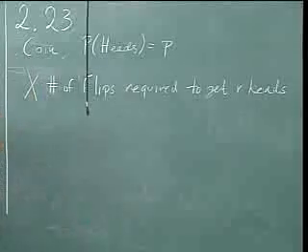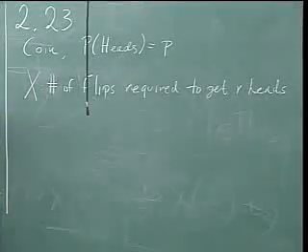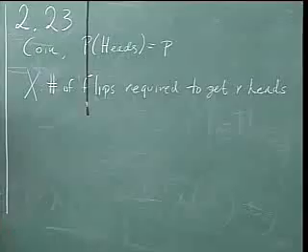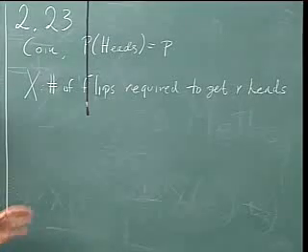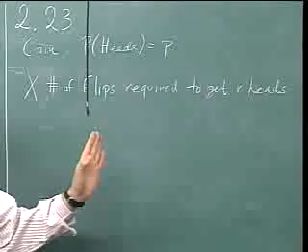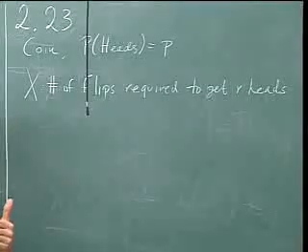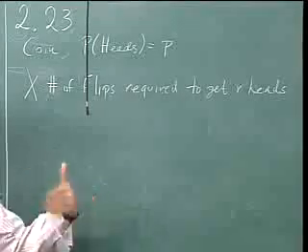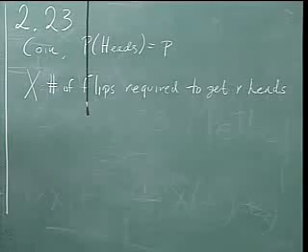In fact, it can be shown that a negative binomial with parameters p and r has the same distribution as the sum of r independent geometric random variables, which makes sense, right? Because you want r total heads, but each time you're interested in how many more flips it takes to get one more head, and you do that r times.